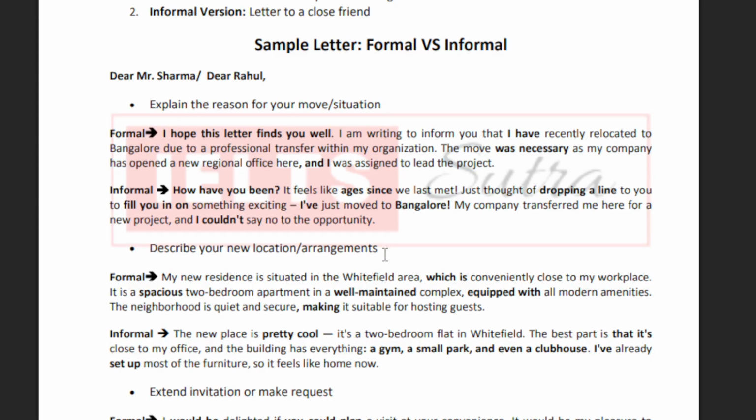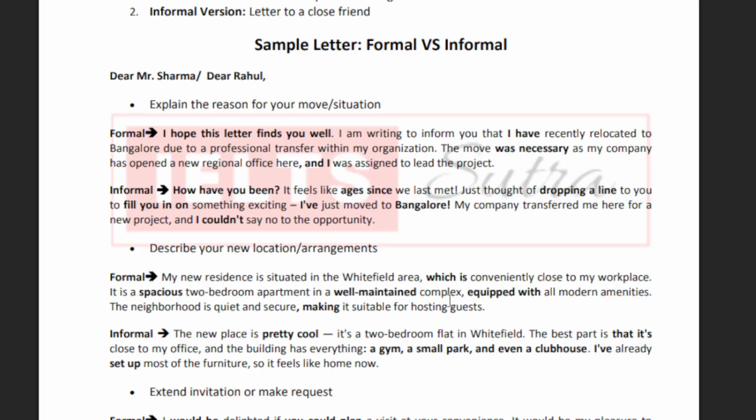Then the next part that we needed to cover was describe your new location or arrangements. So for that, in the formal way, we will say that my new residency is situated in the Whitefield area, which is, here we are introducing a relative clause using which, conveniently close to my workplace. It is a spacious two-bedroom apartment in a well-maintained complex equipped with all modern amenities.